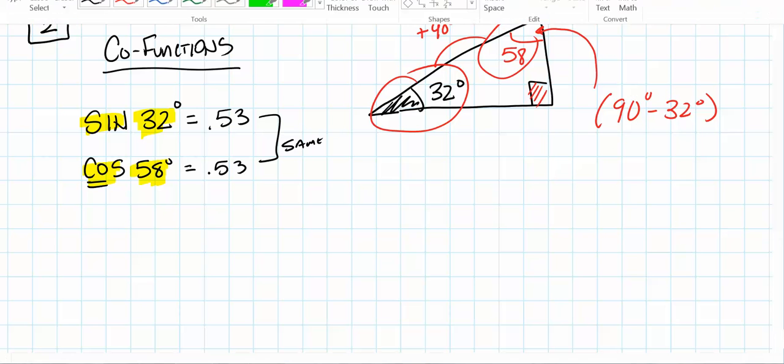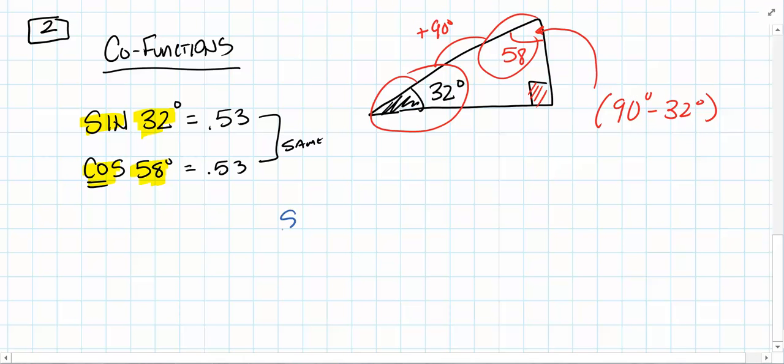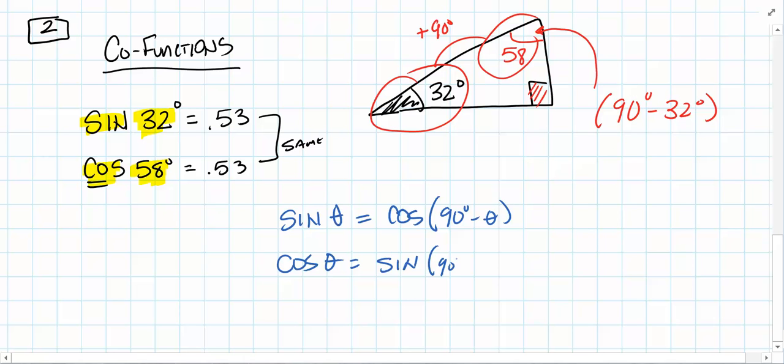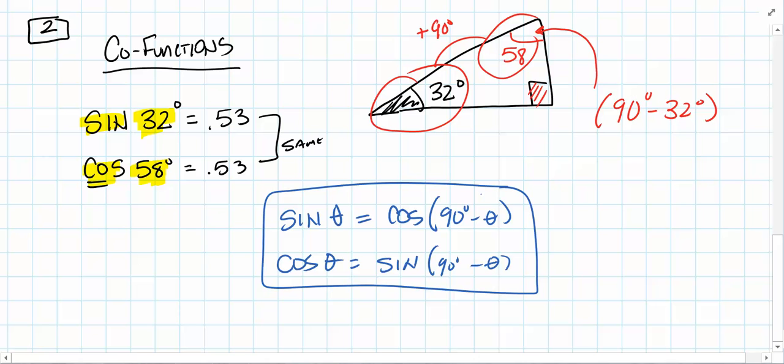So we're discovering here that the sine of theta is the same thing as the cosine of 90 minus theta. And the same is true for the cosine of theta. It's the same thing as the sine of 90 minus theta. These are a pair of cofunctions because sine and cosine are cofunctions together, complement sine.